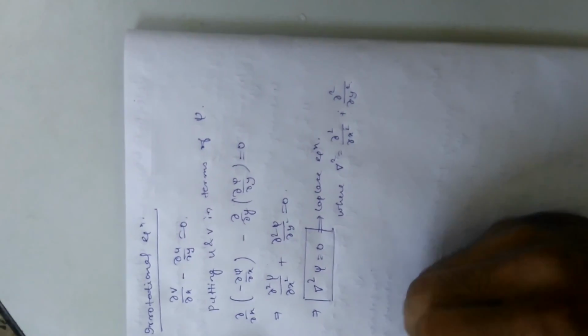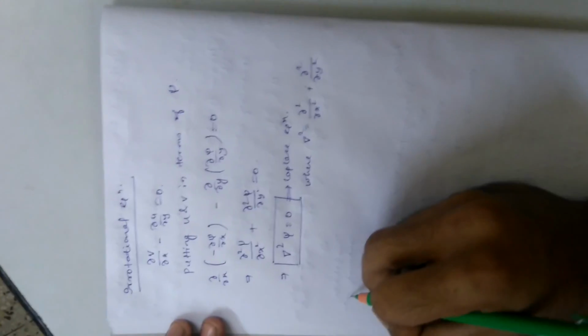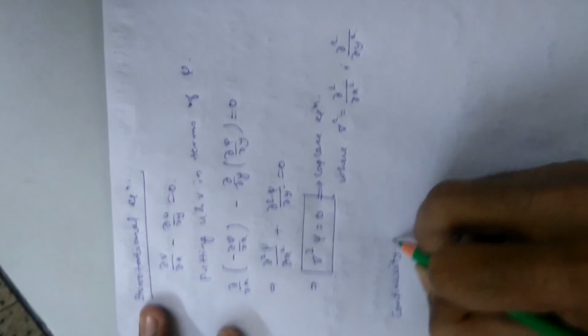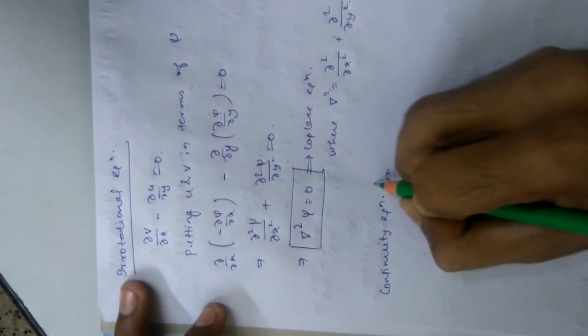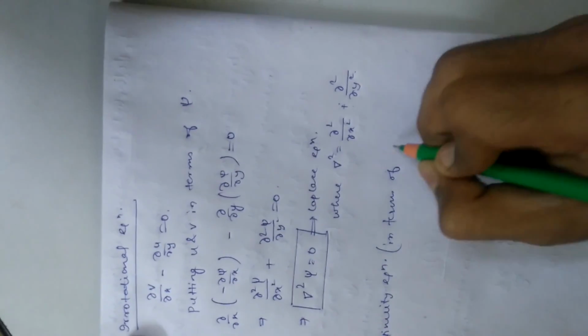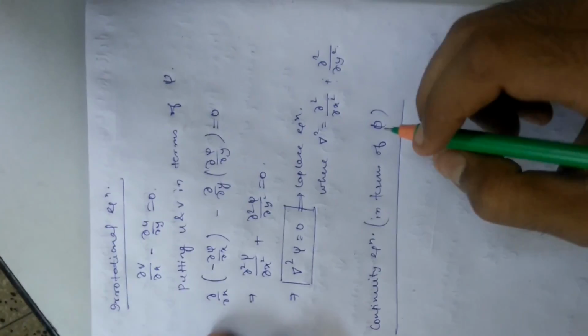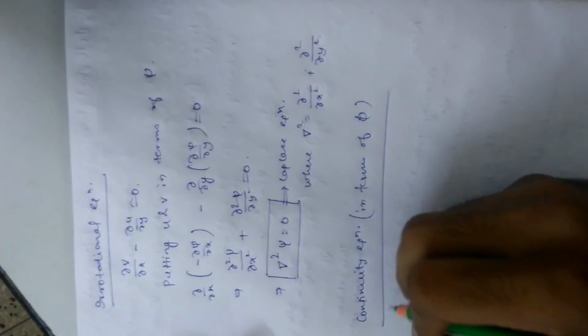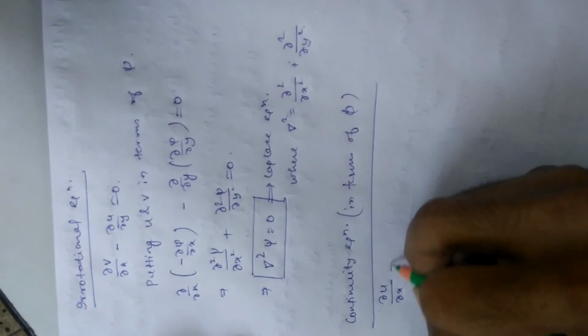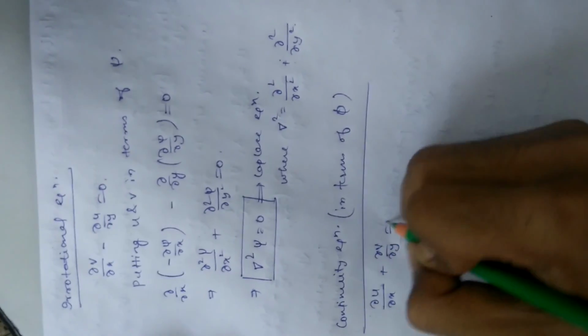Now again let's see what happens if we put the continuity equation in terms of phi. So we had the continuity equation del u upon del x plus del v upon del y equals to 0.